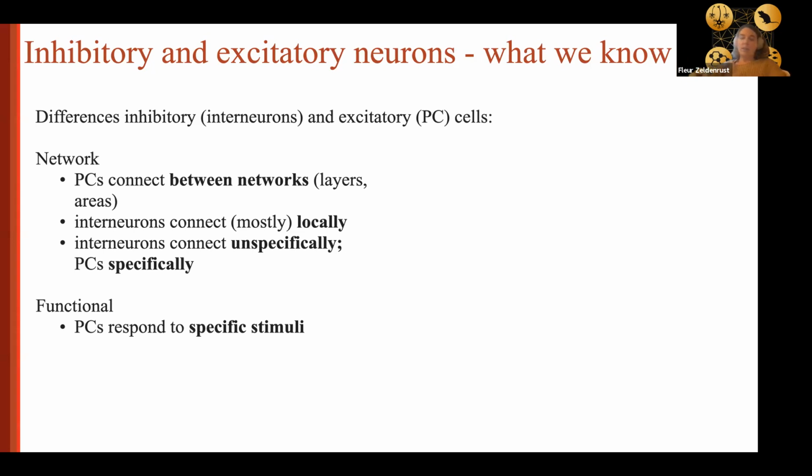And these excitatory neurons respond to more specific stimuli, so they're more tuned, as we say in neuroscience, whereas inhibitory neurons respond more randomly to more different types of stimuli.